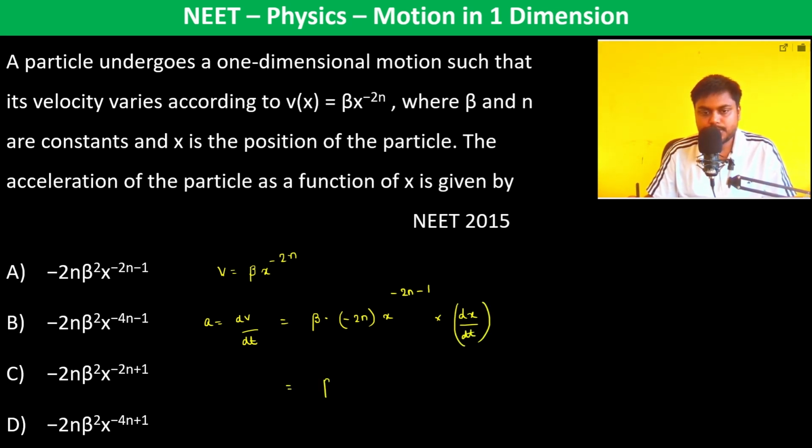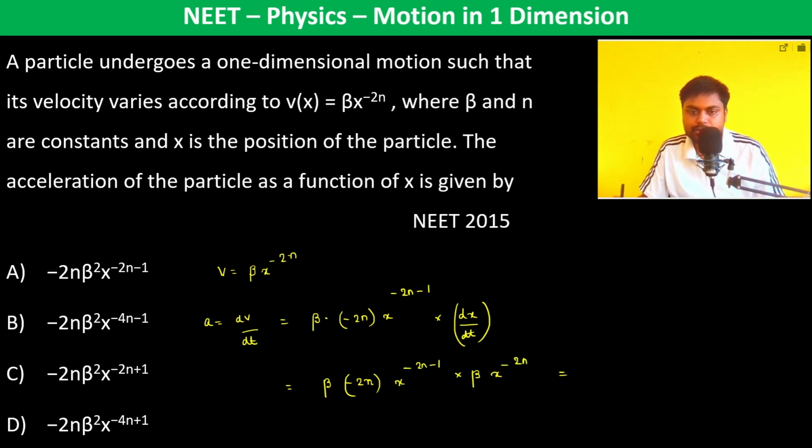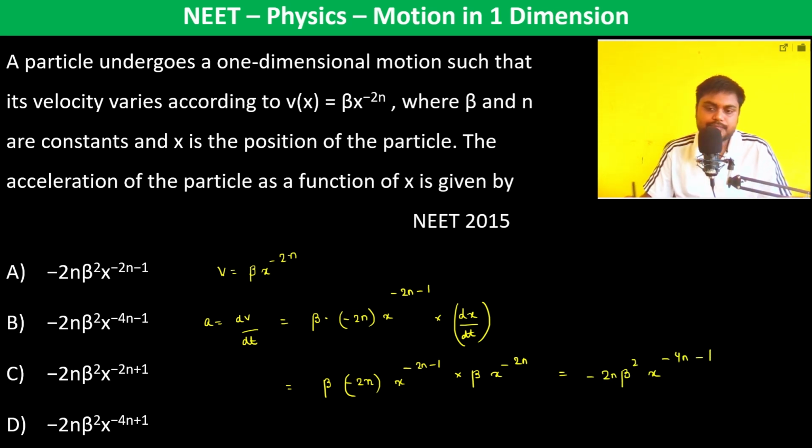So therefore beta into minus 2n x to the power minus 2n minus 1 into beta x to the power minus 2n, which is equal to minus 2n beta square x to the power minus 4n minus 1. So therefore B is going to be the answer.